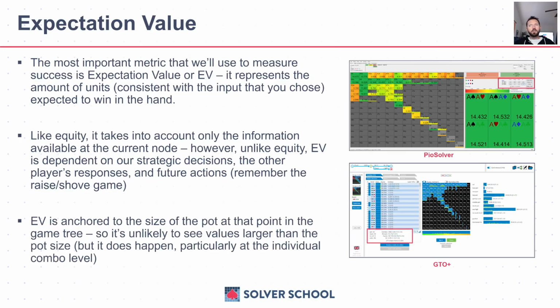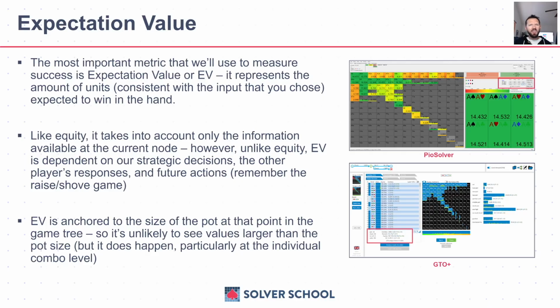EV is anchored to the size of the pot at that particular point in the game tree. So also, if you remember from the game trees that we discussed earlier, the EVs of both players, if we add them together, are going to equal the pot size at that particular point in the game tree.